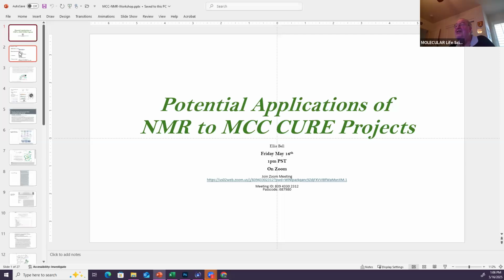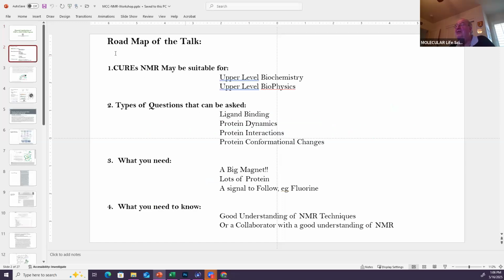We will start. This is the roadmap of what I'm going to discuss over the next 45, 50 minutes, maybe, depending on any questions you guys might have. So cures that use NMR as a centerpiece of the cure are primarily suitable for upper level biochemistry or upper level biophysics classes.